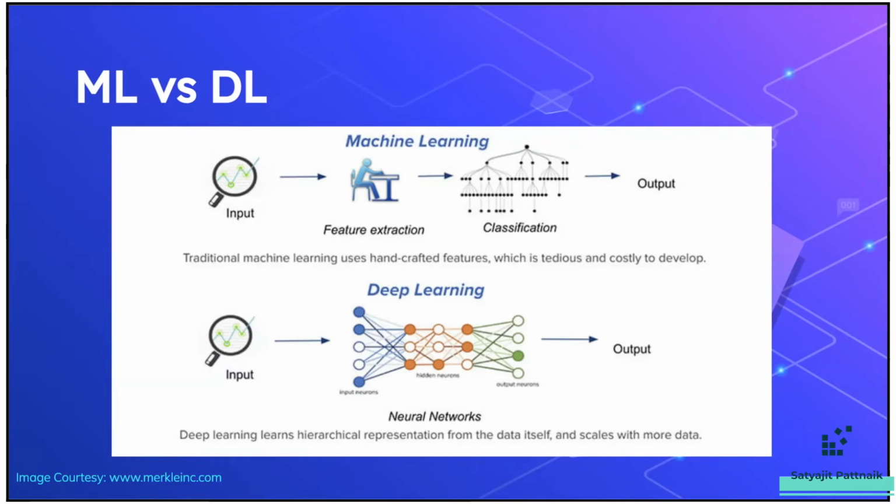Now, when you pass the input, we already know that in machine learning there are different steps to follow, right? First, we have to do some kind of feature scaling. Then we have to do feature selection, then feature extraction, then some hyperparameter optimization, and then we build our classification model and then build our output.